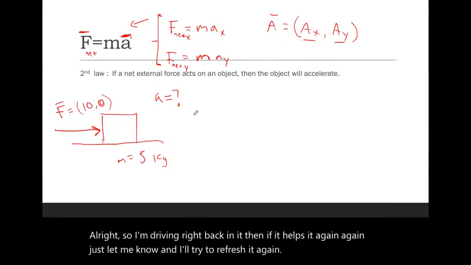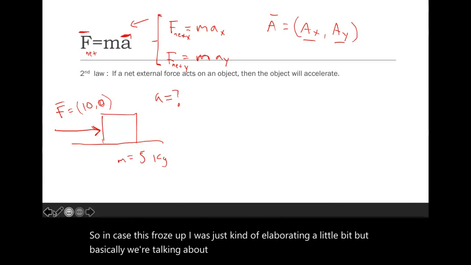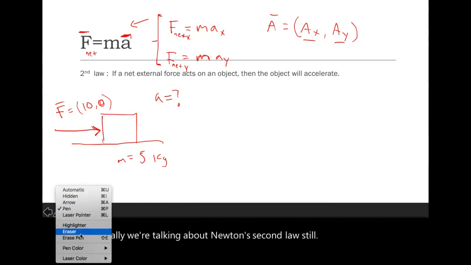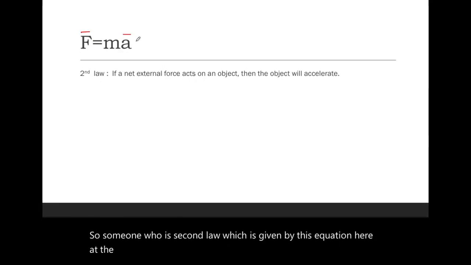So in case this froze, I was elaborating a little bit, but basically we're talking about Newton's second law still, which is given by this equation here at the top, F equals ma.